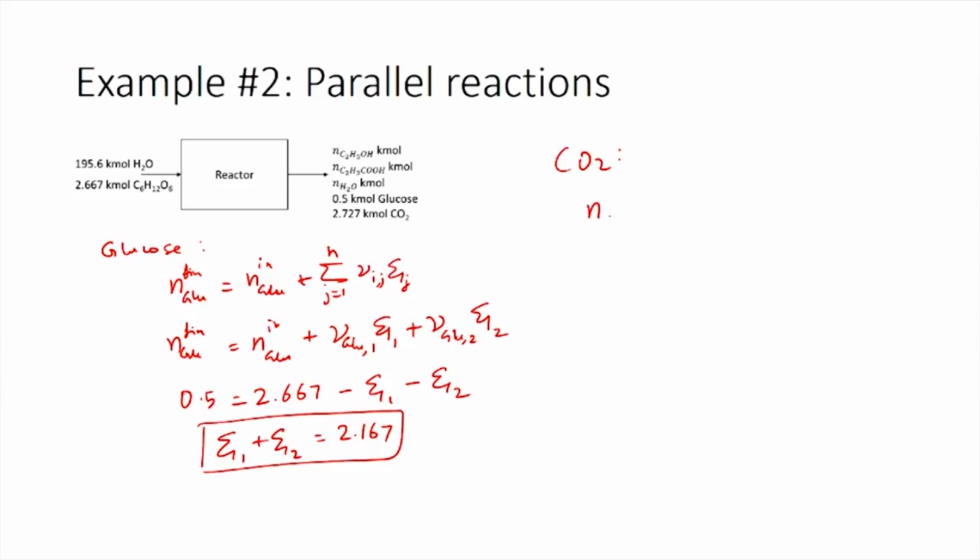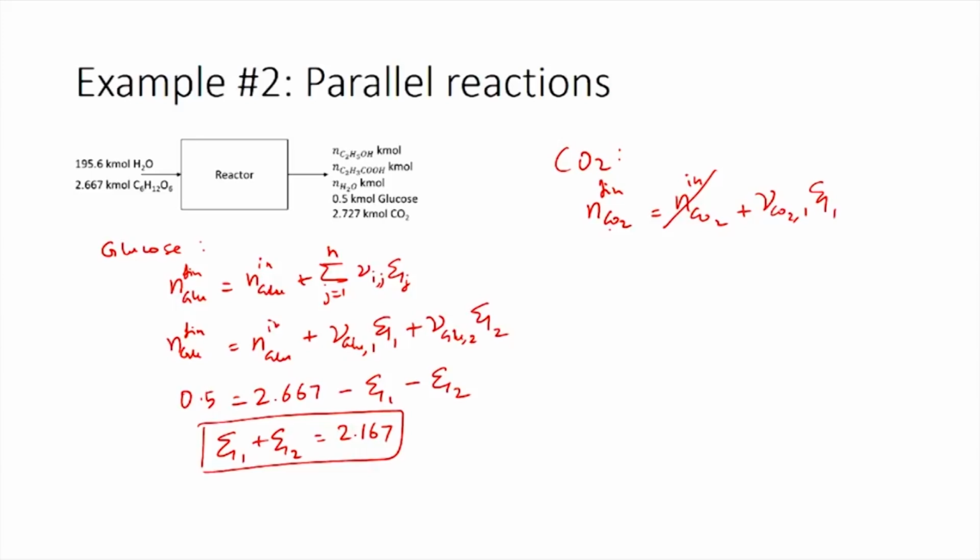You have N carbon dioxide final equals N carbon dioxide initial plus stoichiometric coefficient of carbon dioxide in the first reaction times the extent of reaction for the first reaction. As there is no carbon dioxide in the initial condition, you end up with the stoichiometric coefficient of carbon dioxide times the extent of reaction in the first reaction is equal to the amount of carbon dioxide in the final condition.